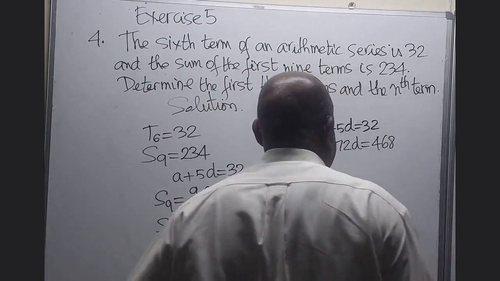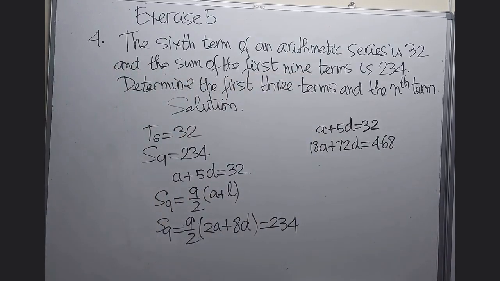So let's see if we can simplify if 18 and 72 can divide into 468.